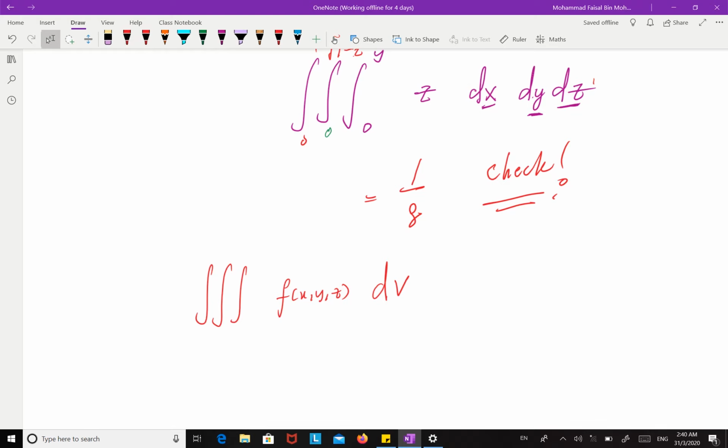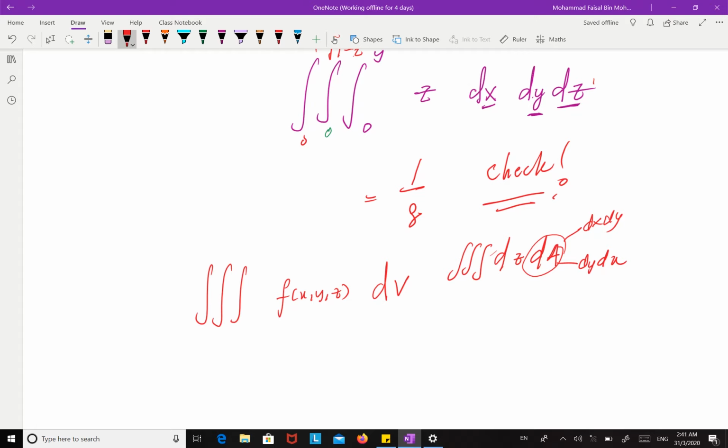So they ask you for 6 different ways, which means type 1, type 2, type 3. For each type we can switch the dA. Let's say I put dz here. This is dA, so your dA can be dx dy or dy dx. This is type 1.